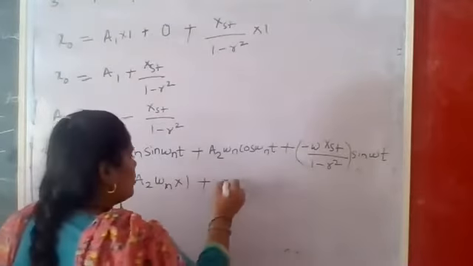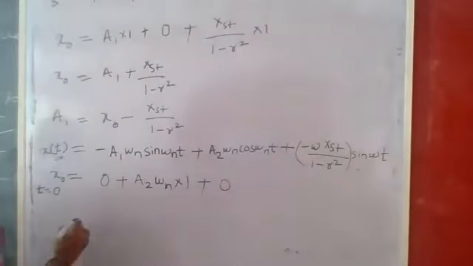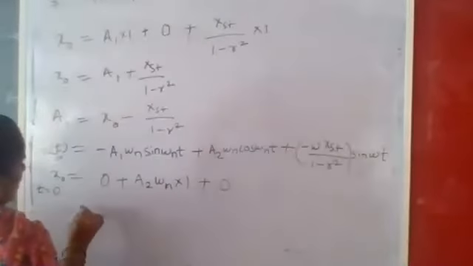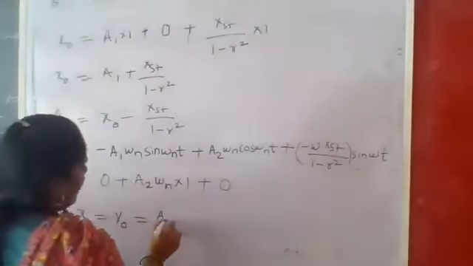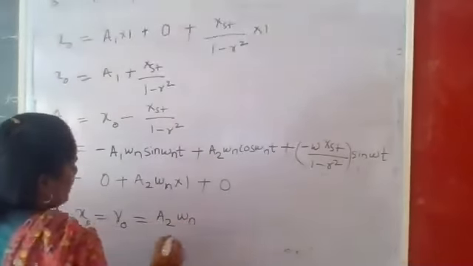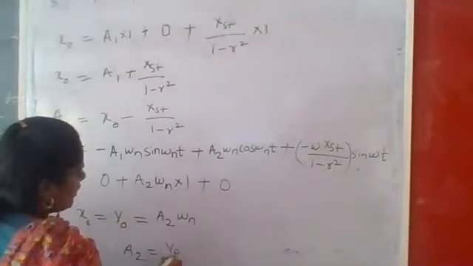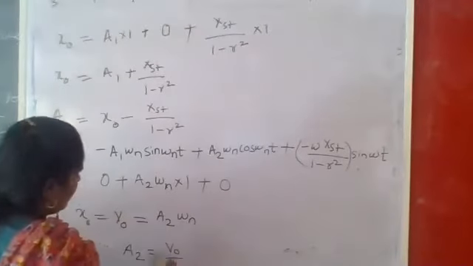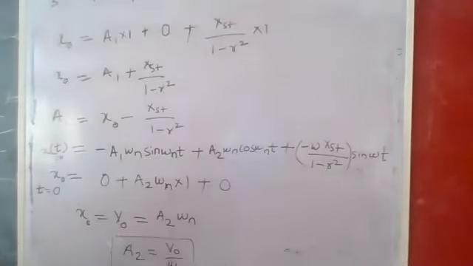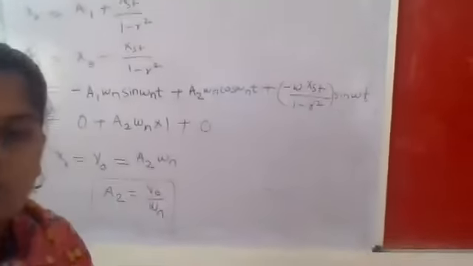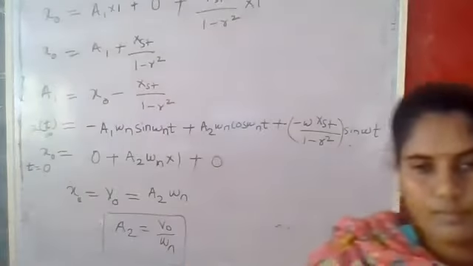Sin 0 is 0, so that term is again 0. So x naught dot, that is v naught, is equal to a2 into omega n, and so we get a2 equal to v naught divided by omega n. Put this value of a1 and a2 in the above equation, and we get directly the equation of motion for forced vibration of undamped system.